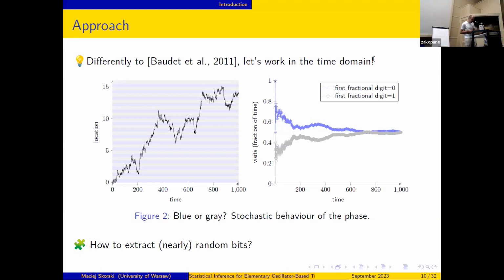And that's perhaps what I didn't highlight enough. We don't have the full access to the phase. We can only observe it through this discrete channel. That means that even if under the hood I have this Brownian motion, what I can observe in practice, I can only measure through those square pulse waves.